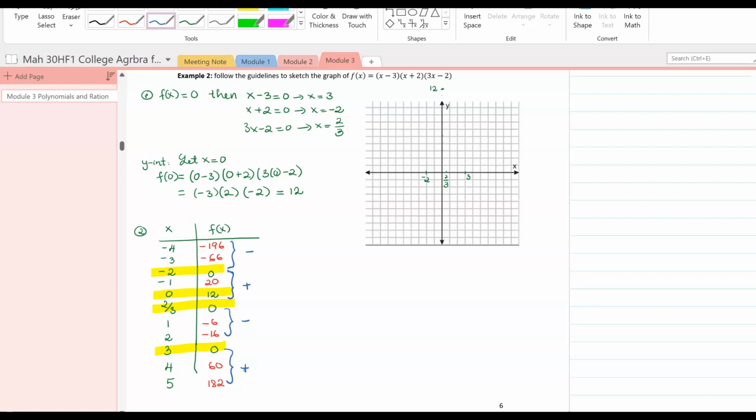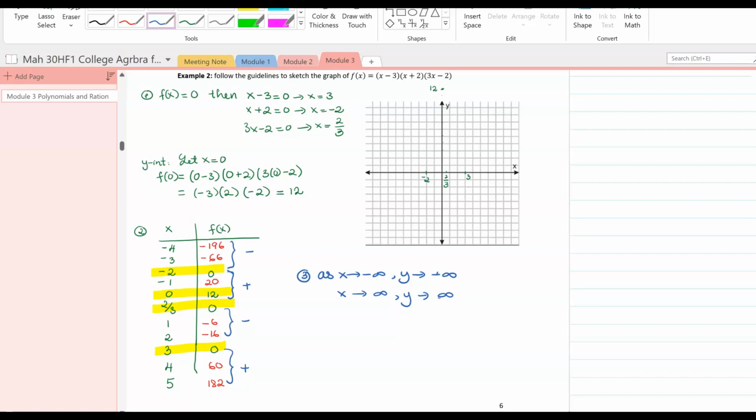So it seems like in this case, as x goes toward negative infinity, the graph goes toward negative infinity, and as x goes toward positive infinity, y also grows toward positive infinity.